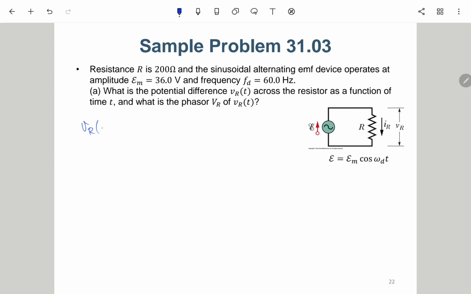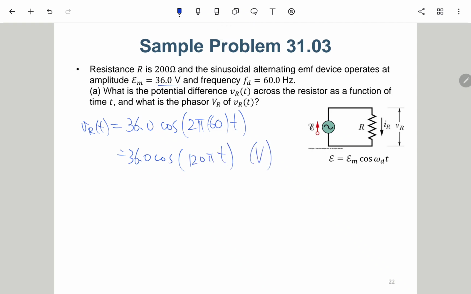VR of t is 36.0, the same as this one, times cosine of 2 pi times fd times t, which is 36.0 cosine 120 pi t, and the SI unit is V. This is the VR of t, and the phasor VR is 36.0 V.